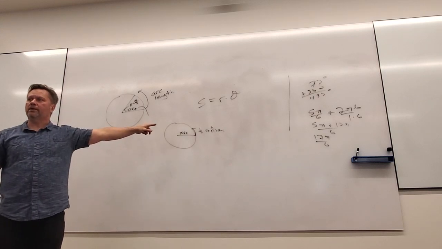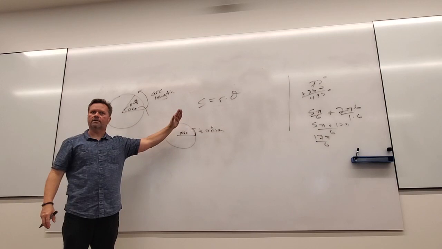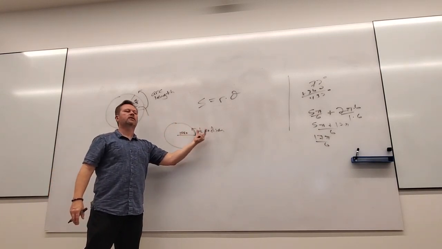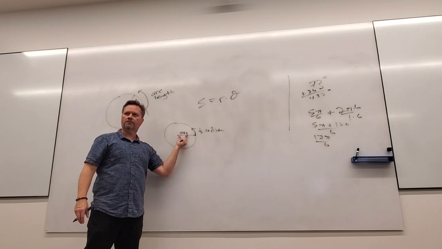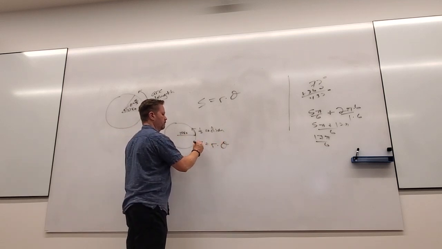So what would half a radian be here then? I would have walked 5 feet. Does that make sense? So didn't I just take the radian measure times r? I took r times the angle.